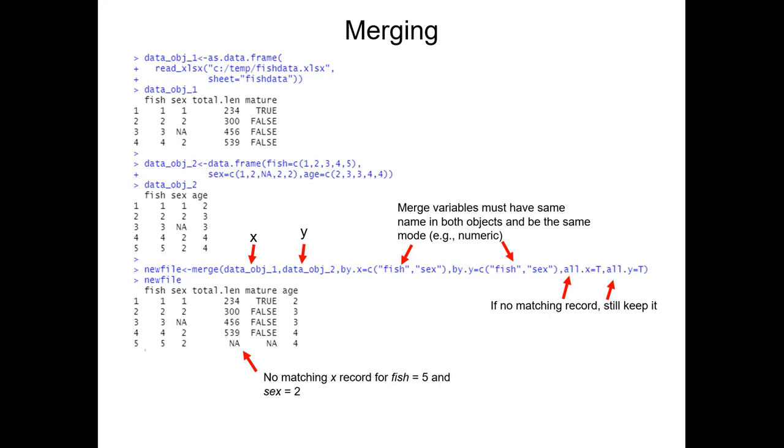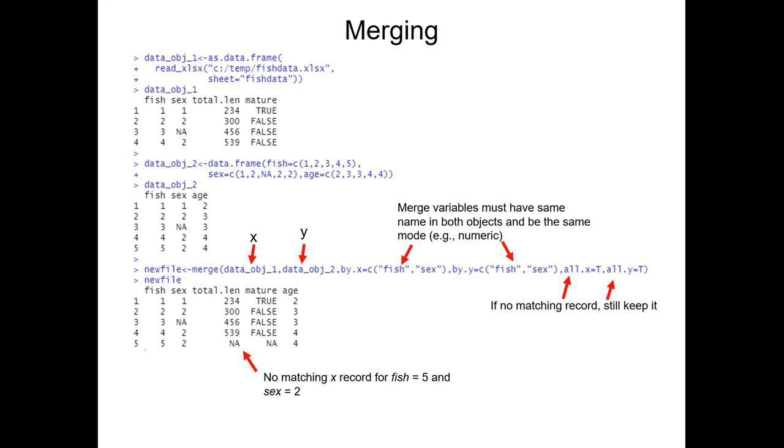Now, there are other arguments, called all.x and all.y. If all.x is true, then keep all the records regardless of whether they could be merged or not. Same with y. So if there are no matching records, you'll still keep all the data. So what happens when you do that?